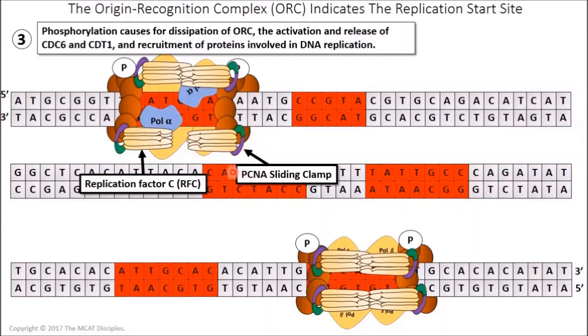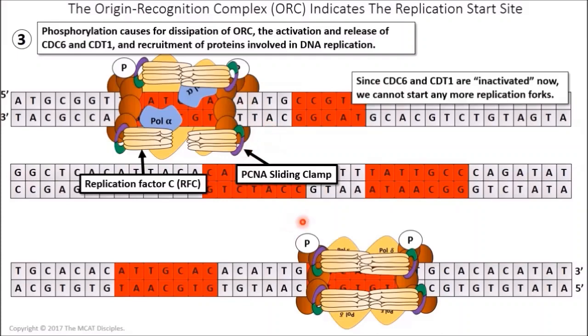Okay. Well, we've brought into the game replication factor C that functions to load the PCNA sliding clamp, and we brought into the game the PCNA sliding clamp. Okay, and we activated this helicase. And now, after the phosphorylation event, after we've removed CDC6 and CDT1, they are so-called inactivated.